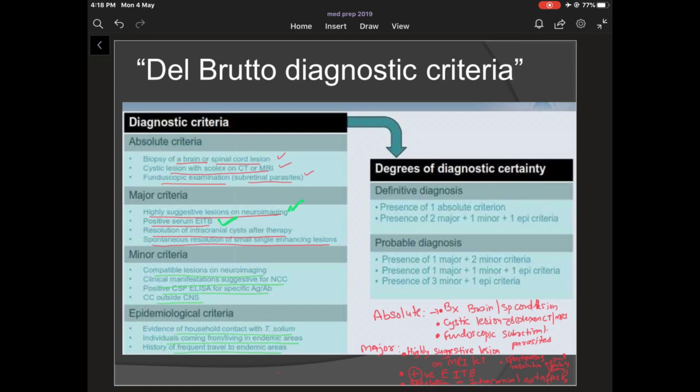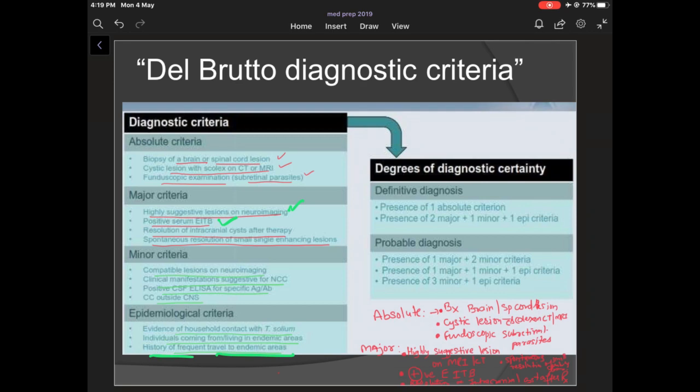And fourthly, cysticercosis outside the CNS. It can be in muscles, so we have to look for it. The epidemiological criteria in the Del Brutto diagnostic criteria are evidence of household contact with Taenia solium, the pig tapeworm, individuals living in endemic areas, and history of frequent travel to endemic areas.